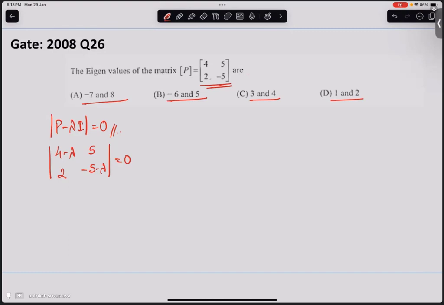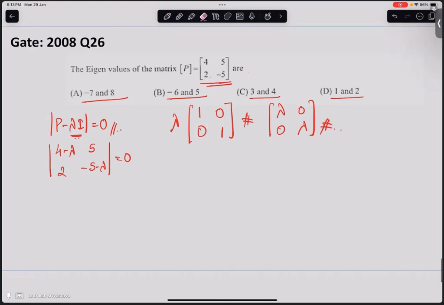Because this lambda is multiplied with the identity matrix, which has only the diagonal elements as 1 and other elements as 0. So λI is nothing but λ, 0; 0, λ, right? Okay, so now let's write the determinant. So we have (4 - λ)(-5 - λ) - 10 = 0.